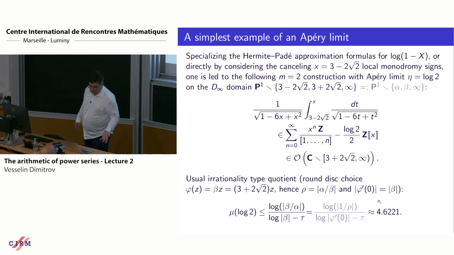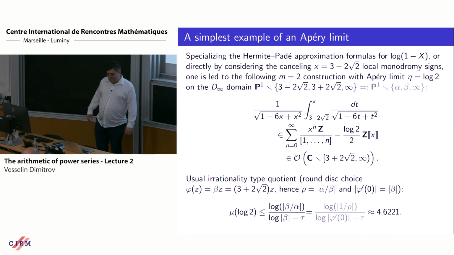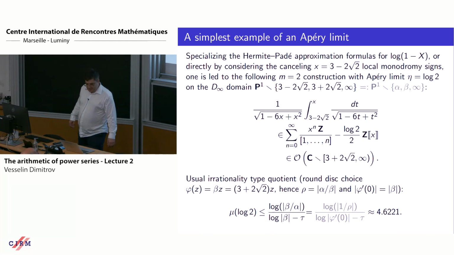But this example was in Yunqing's talk in the simplest special case, and I think this is due to Apery, Alladi and Robinson, and Beukers in some form or the other, and gives the standard irrationality measure for log 2, already pretty decent. And what goes on in this example, of course, there are multiple ways to view it. For example, more in line with the Eichler integrals that are in our paper on the Dirichlet value.